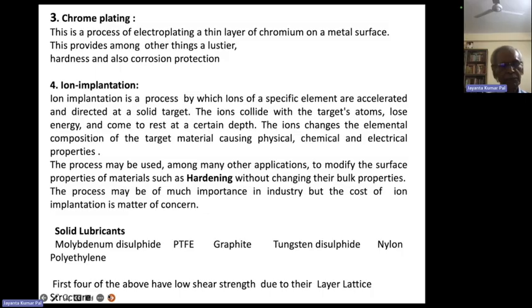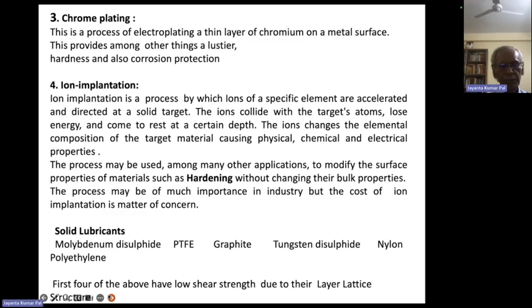Then comes ion implantation. This is not often heard of, but this is a very important, useful process. Ion implantation is a process by which ions of specific elements, such as radium, are accelerated and directed at a solid target.